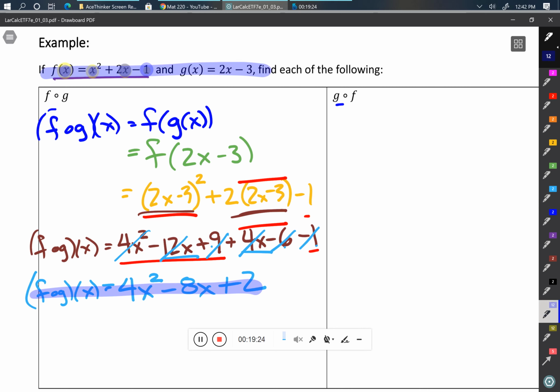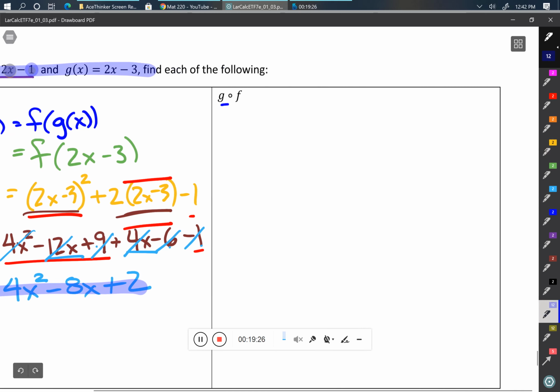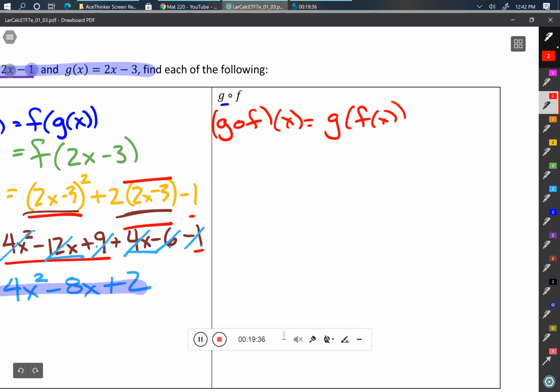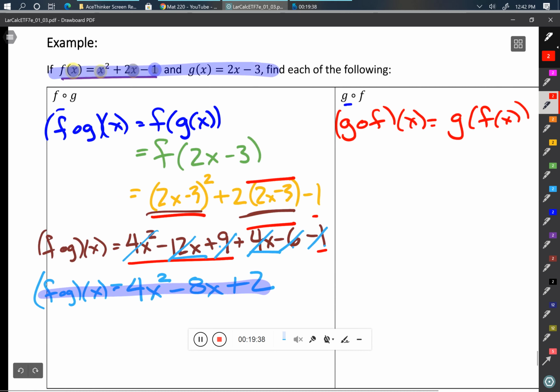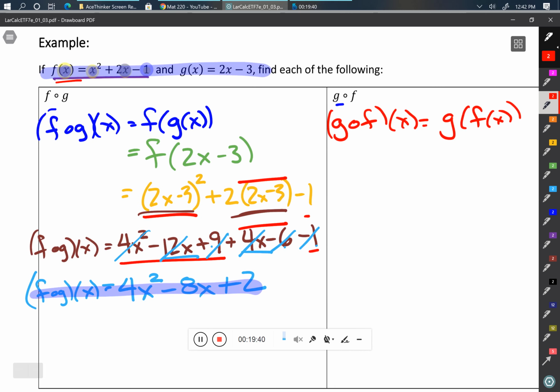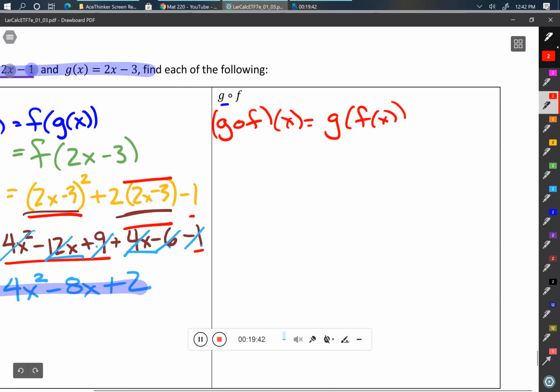Okay. So then what's the difference between f of g and g of f? Well, g composed with f of x is g of f of x. So the notation over here on the left says g happens first. This one says f happens first.